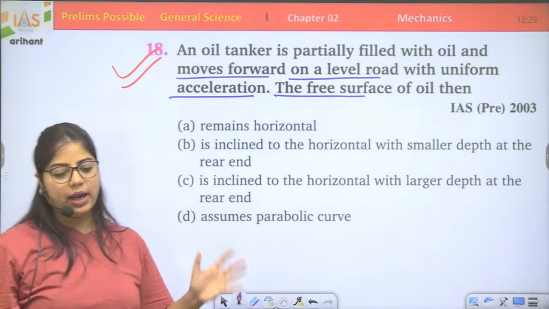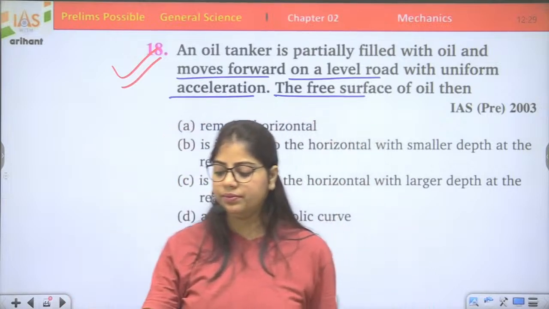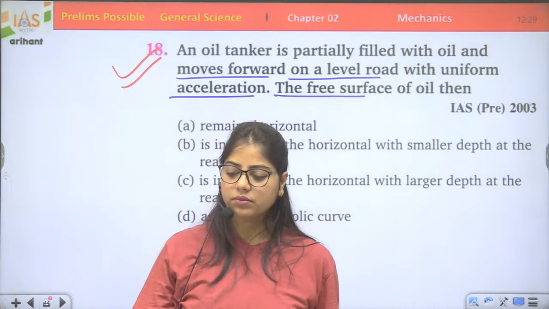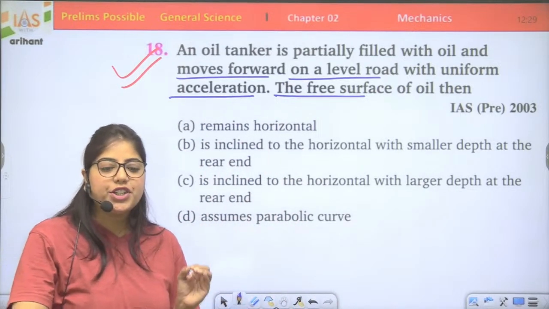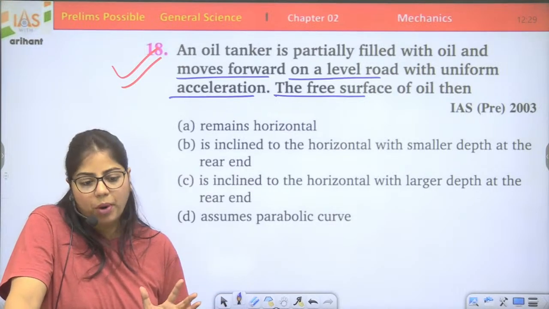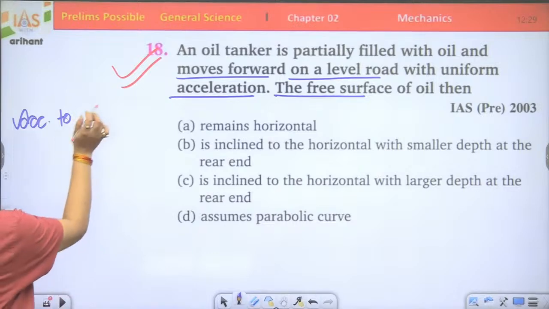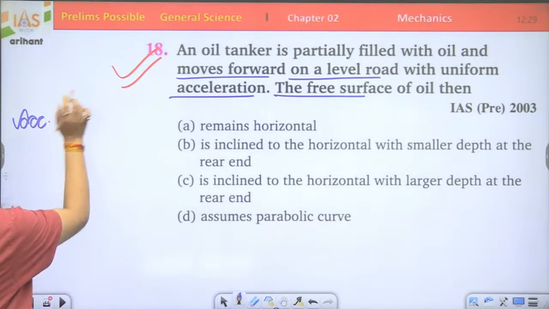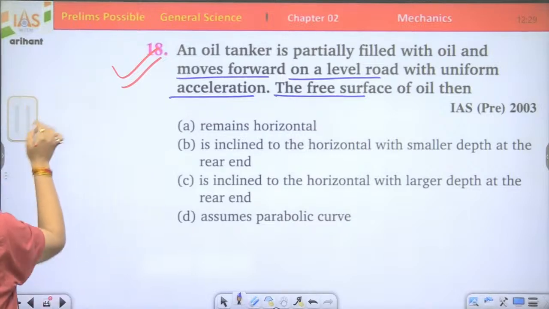What will be the right answer of this question? The rate of change of velocity is called the acceleration of a body, so we must say it is acceleration.